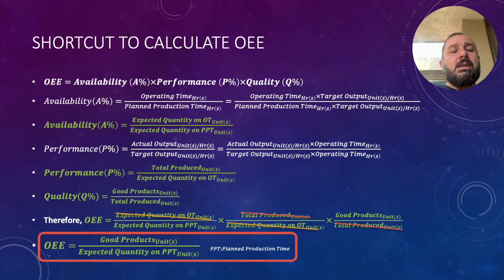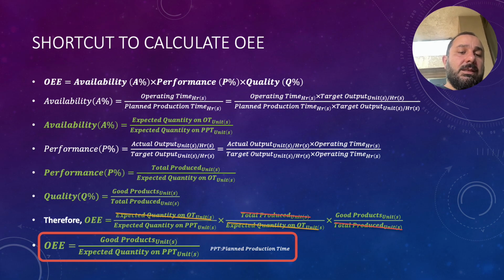According to the equations we are having, if we put all the equations together and change them into units, for example, availability is operating time over planned production time, and if I multiply by the target output, then it gives me what is the expected output during the operating time and what is the expected output quantity in units during the planned production time.